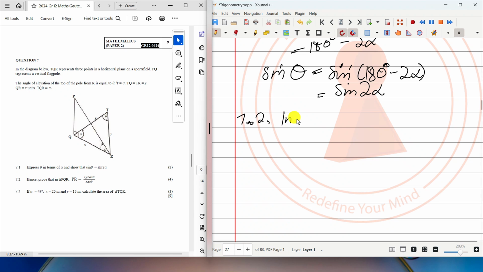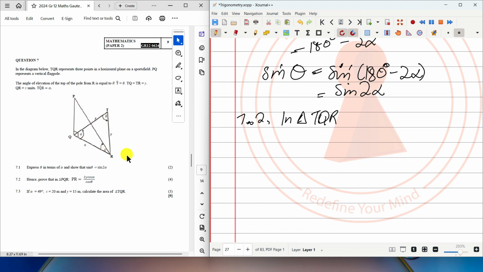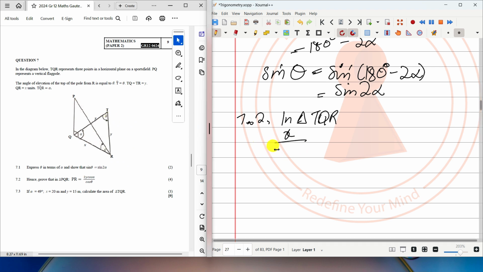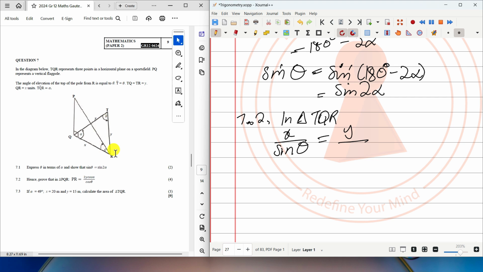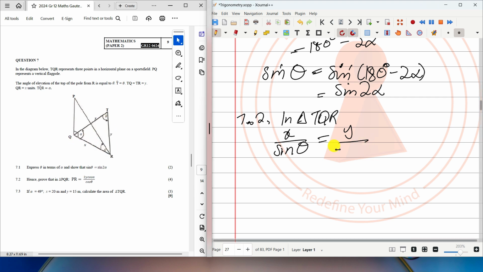In triangle TQR, I need to find this x in terms of theta. So x over sine theta, the side opposite x is angle T, is equal to y, this one here, TR, over the angle opposite it, angle Q, which is sine alpha.